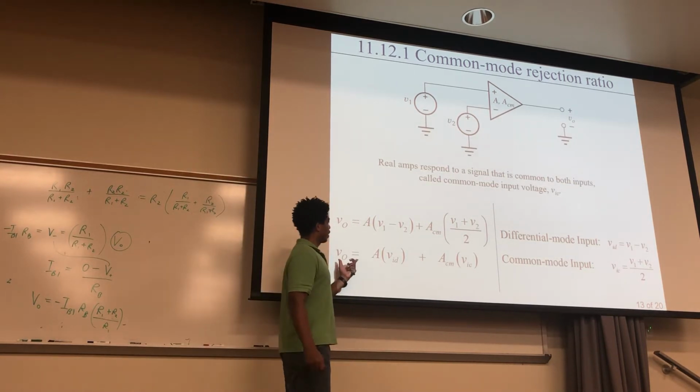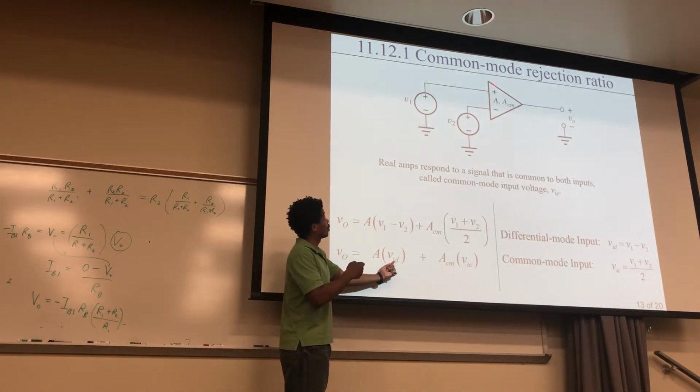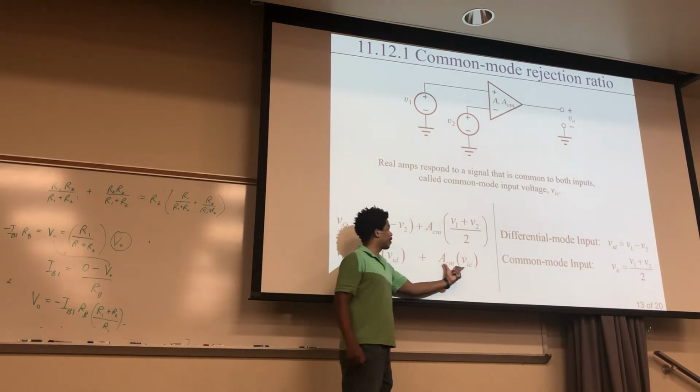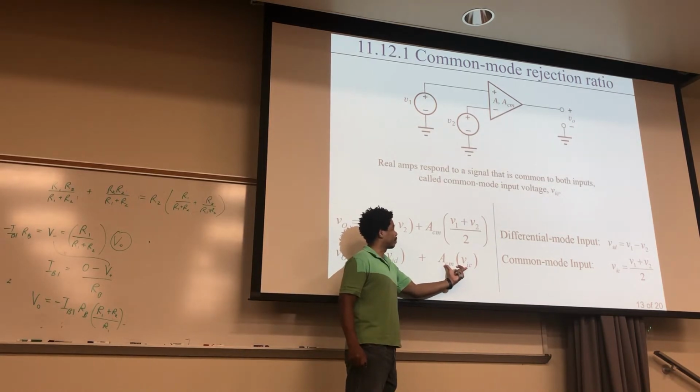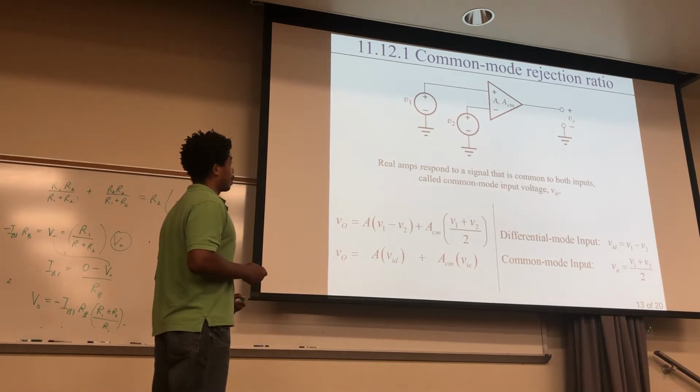And so you can look at it like this, where this is just VID, the differential voltage between the two. But you have this other error part that you don't want, and this right here is called the VIC, which is that common mode input voltage.